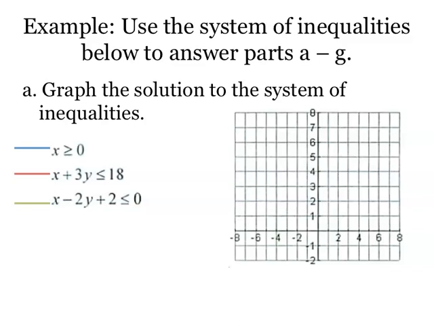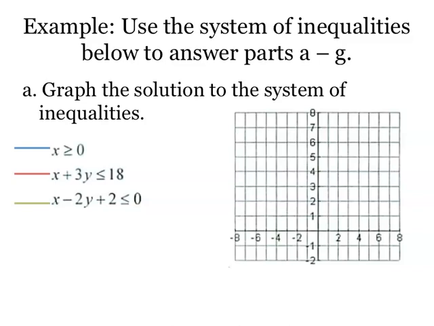We'll start with x is greater than or equal to 0. Normally when you graph these inequalities, you want to graph the line and then figure out where to shade it. Because all of these have greater than or equal to or less than or equal to, these are all going to be graphed as solid lines.